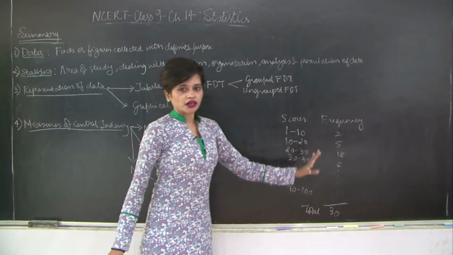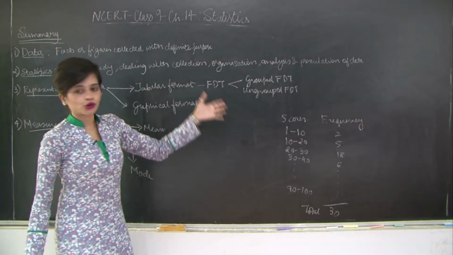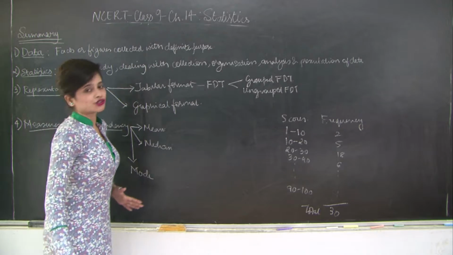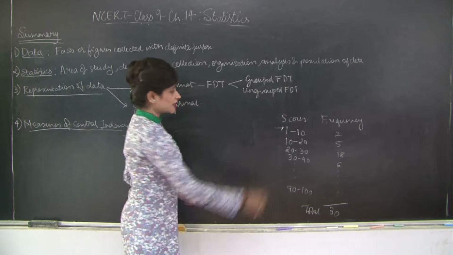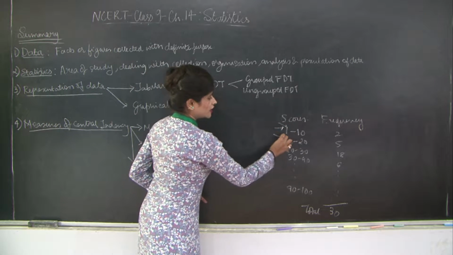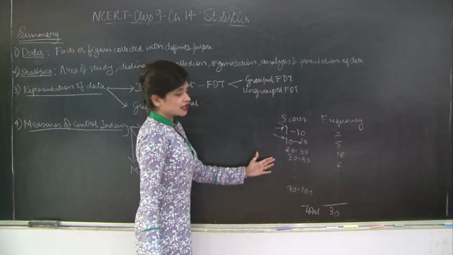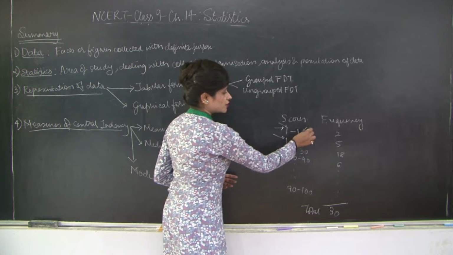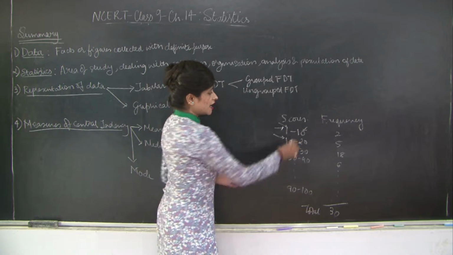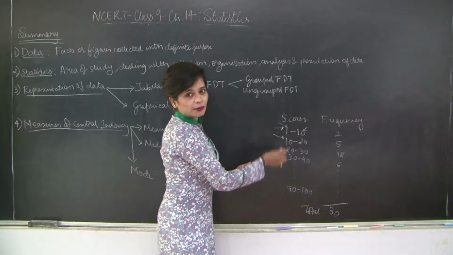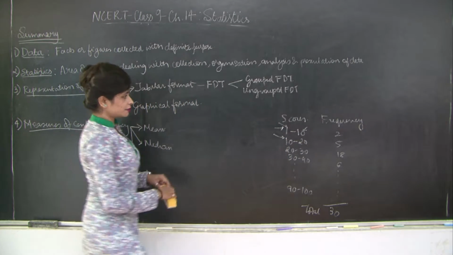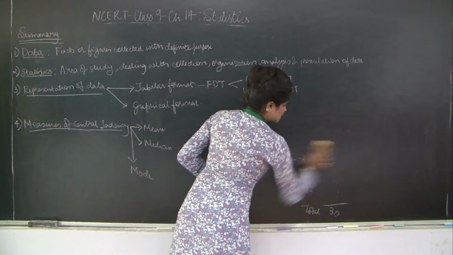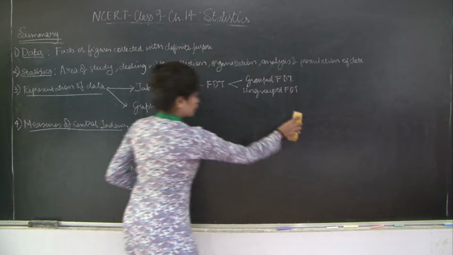So this is just a brief description of your grouped and ungrouped frequency distribution tables, wherein these are known as the class intervals. The first entry in each class interval is known as the lower limit, whereas the second entry is known as the upper limit. The difference between the lower limit and upper limit of each class is known as the class size, alright. And the class intervals are also known as classes.